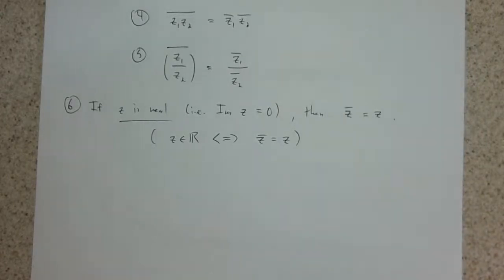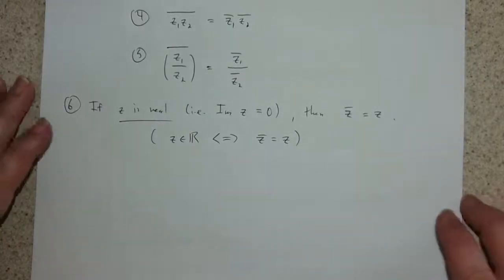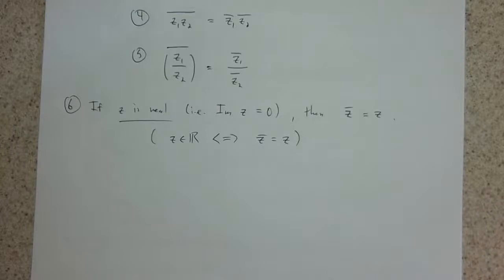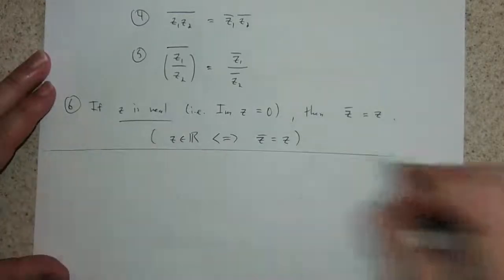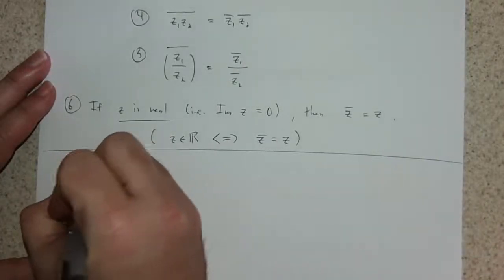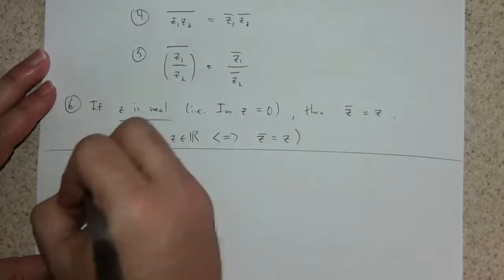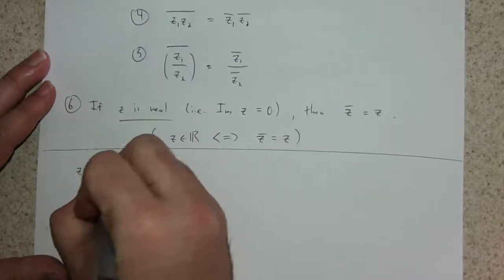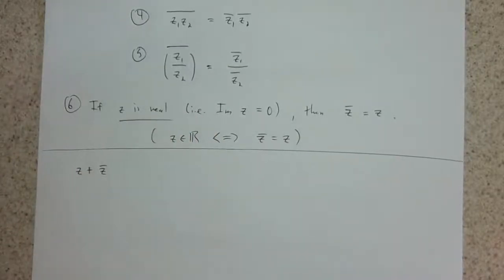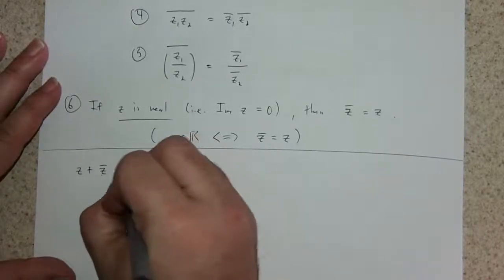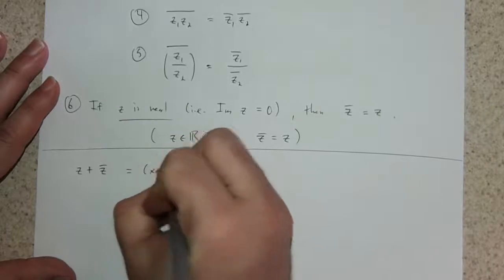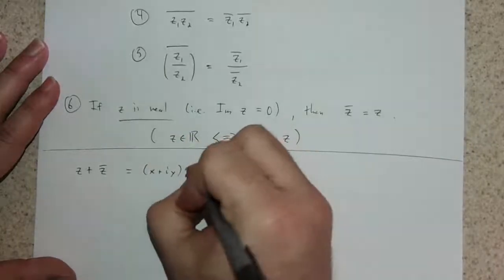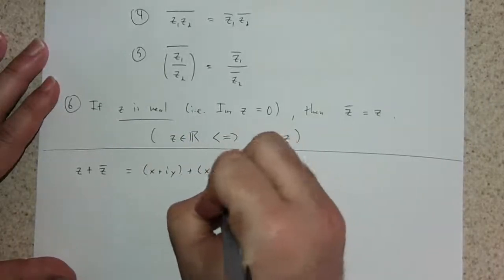Okay. All right. So now let's think for a second, what do I get when I take a complex number z and I add it to its own conjugate? Let's do that real quick. So this is x plus iy plus x minus iy.